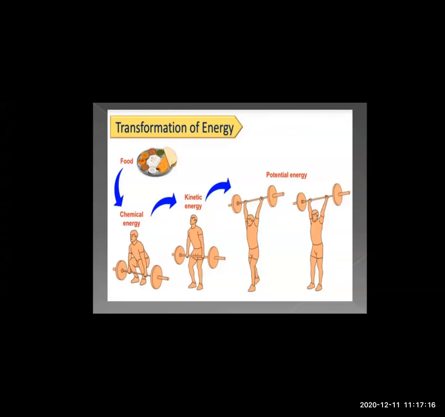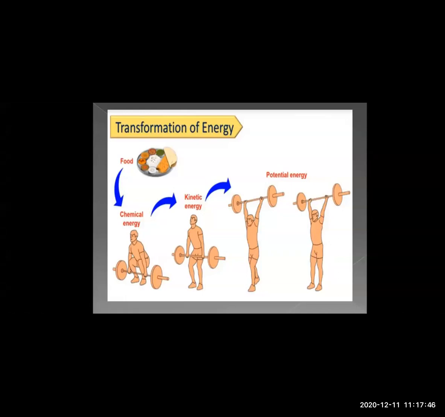And when the chemical energy is coming in action, that is known as kinetic energy. In the second figure, you can see that the weight has been lifted from the ground at a certain distance. And when the kinetic energy is completed and the person lifts the weight on his head, that means the kinetic energy has been transferred into potential energy.